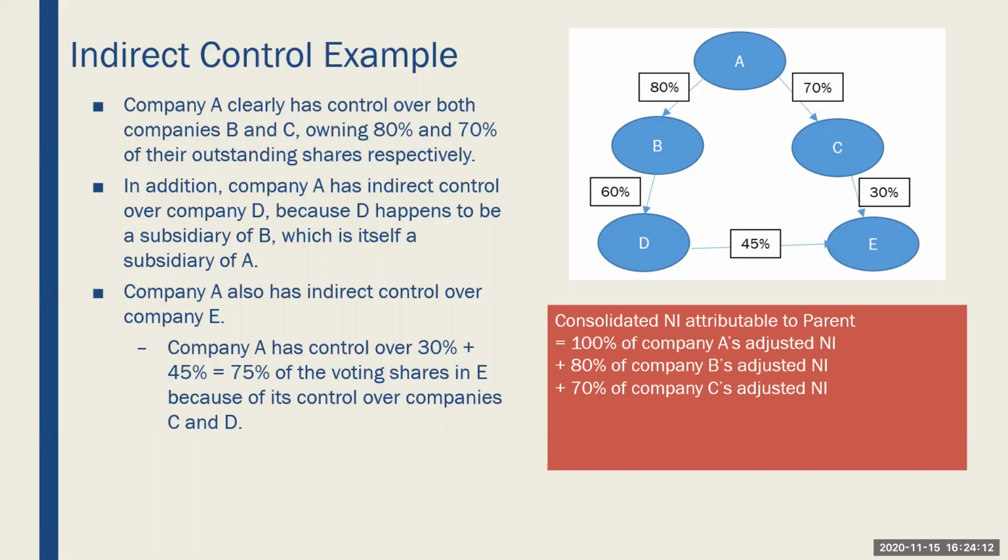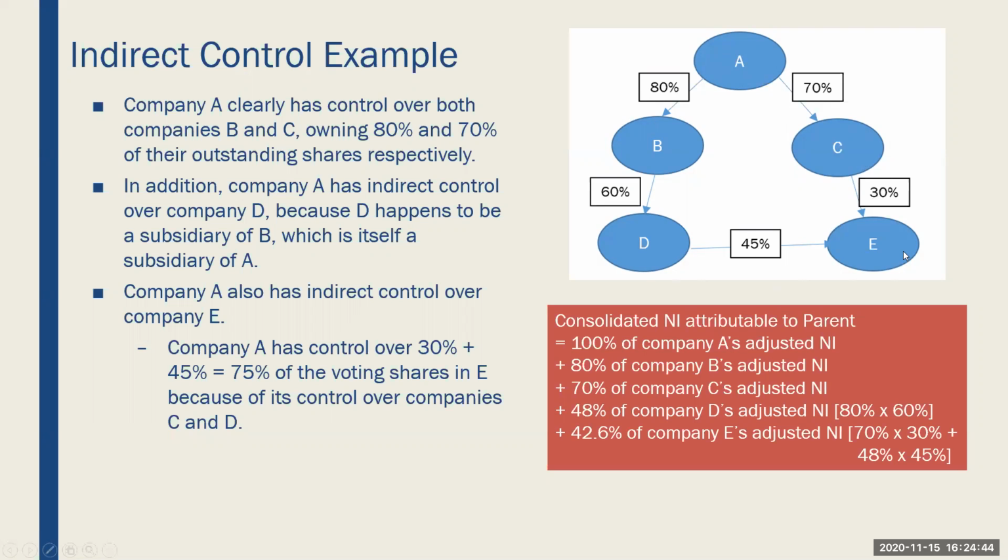And since company A owns 80% of company B, which in turn owns 60% of company D, A will pick up 80% times 60%, 48% of company D's net income. And going this way, A will pick up 70% of 30% and 48% of 45%. So that is 42.6% of company E's adjusted net income.